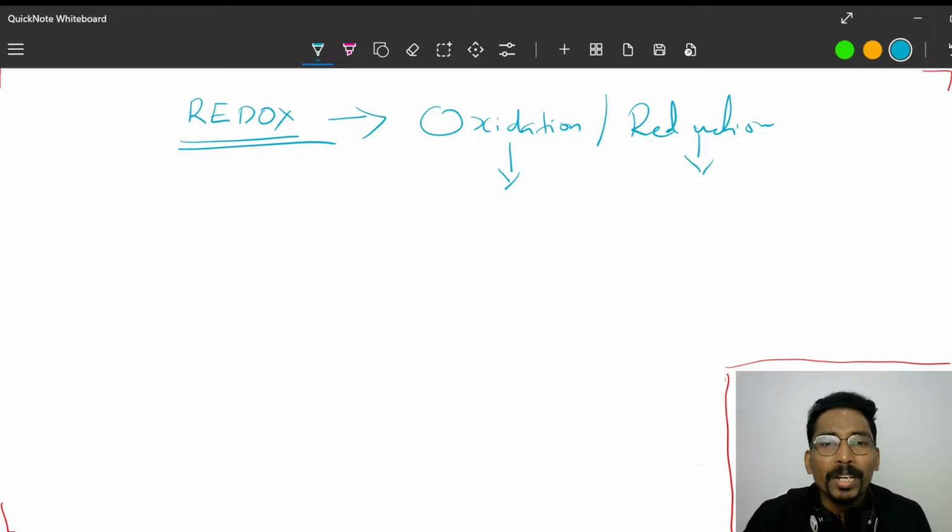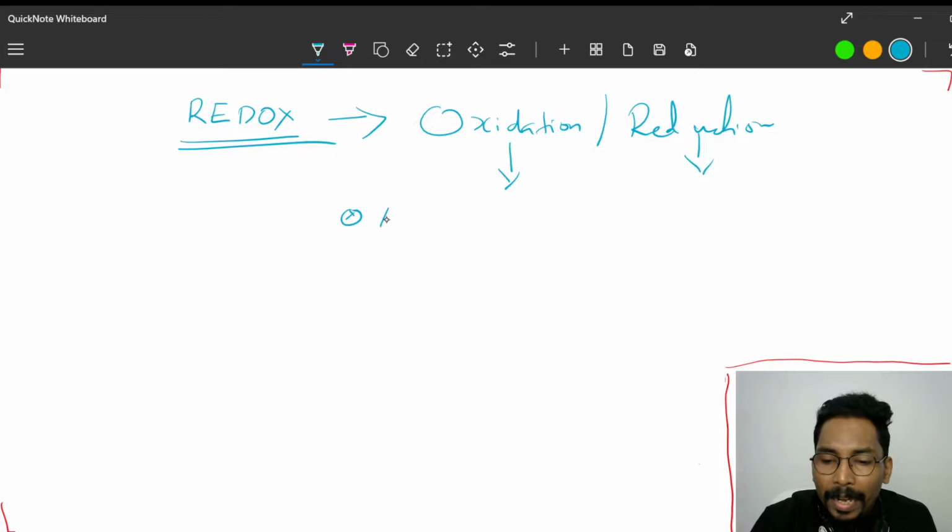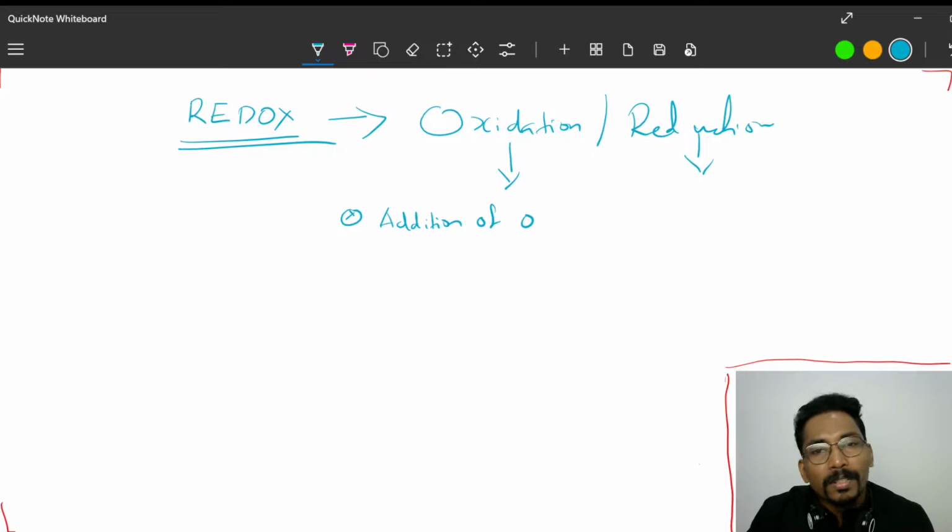Coming to oxidation, we can define oxidation and reduction in many ways. I'm giving some important definitions here. First one, oxidation means addition of oxygen. Adding oxygen to any species is considered as oxidation.